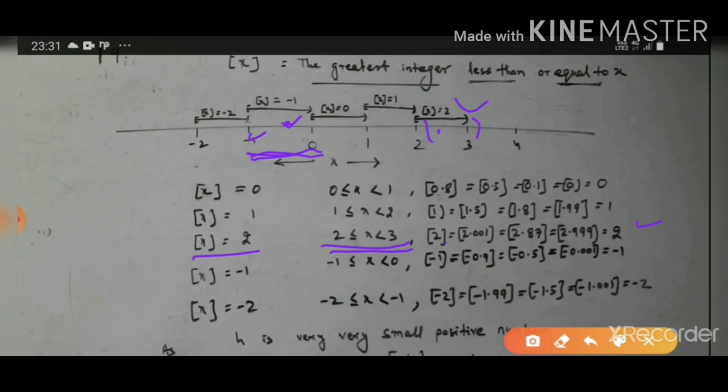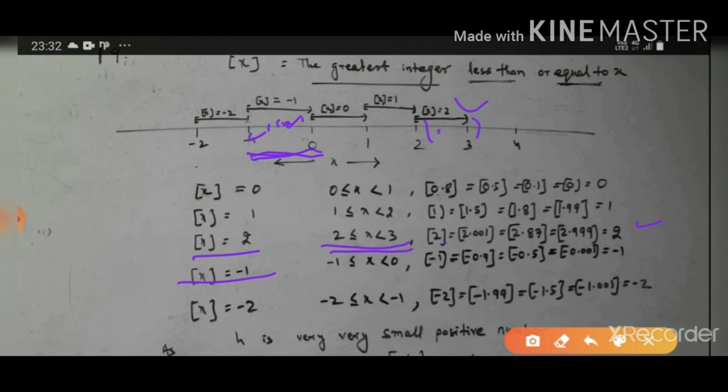You take minus 0.9, or minus 0.001, which is near to 0. Its greatest integer value is always minus 1. Similarly, you take the values between minus 2 and minus 1, minus 2 closed and minus 1 open. In that case, the value is always minus 2.